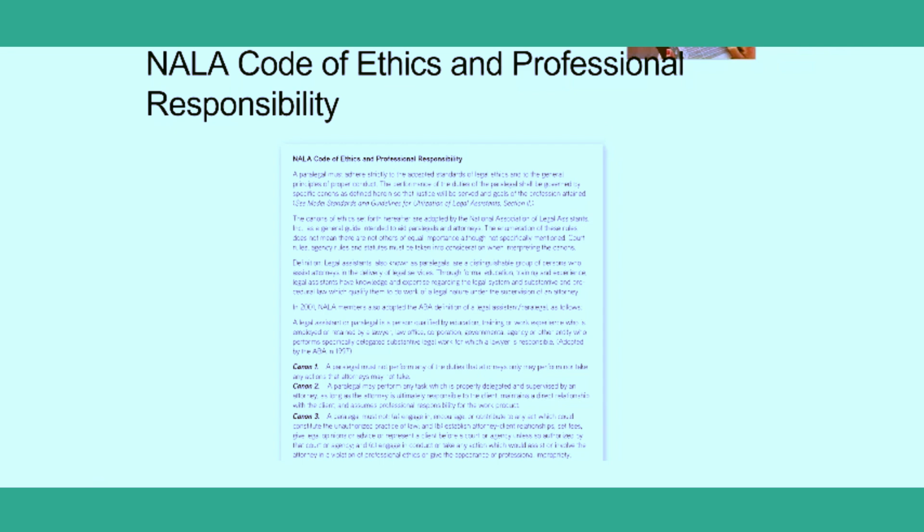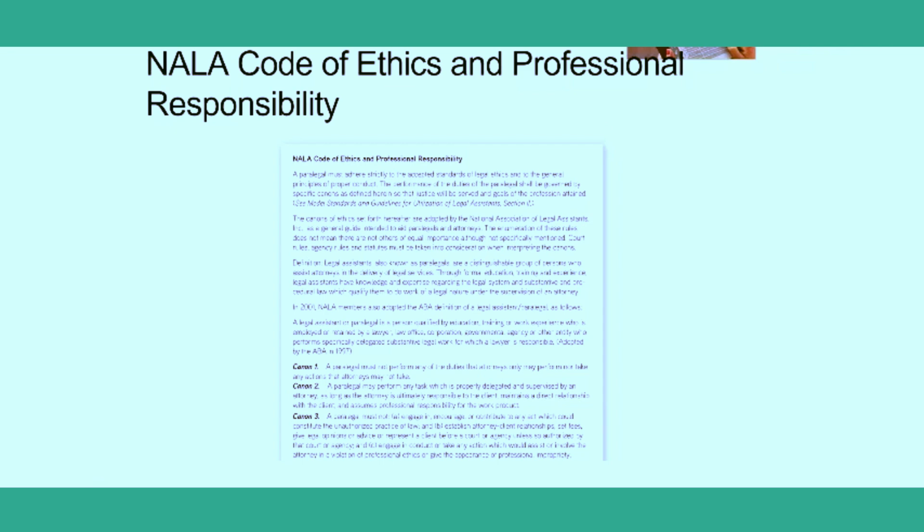And you can see Canon 1, 2, and 3 on this slide. Canon 1, a paralegal must not perform any of the duties an attorney only can perform. Canon 2, a paralegal may perform any task properly delegated and supervised by an attorney. And 3, a paralegal must not A, engage in, encourage, or contribute to any act which would constitute UPL, unauthorized practice of law.